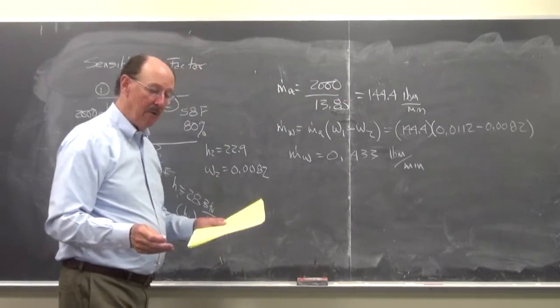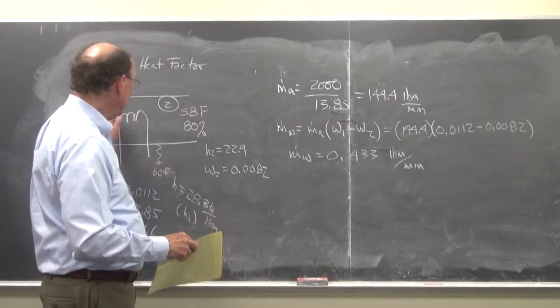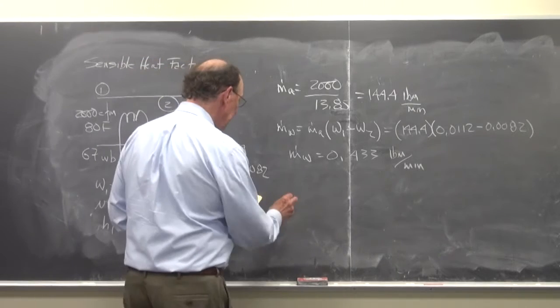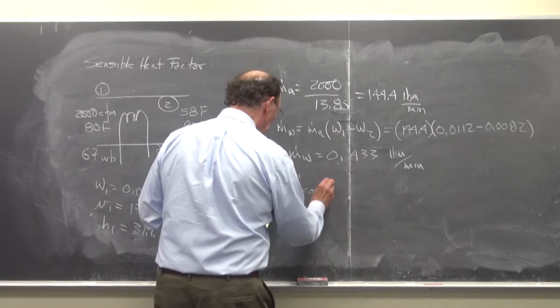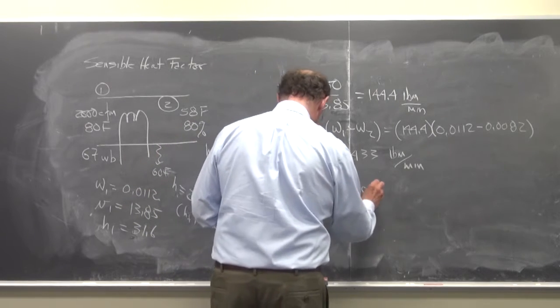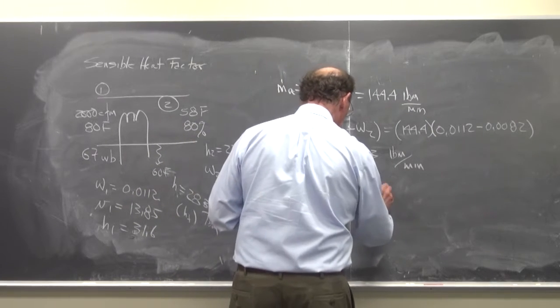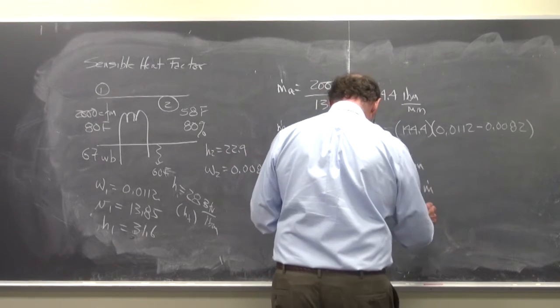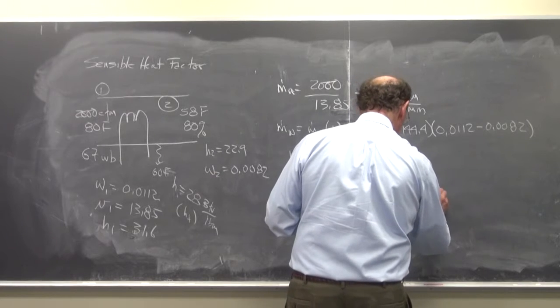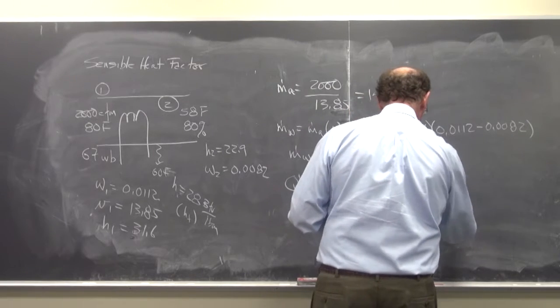And I can find now, if I do a first law on this, what the cooling requirements are. So W dot cool is equal to m dot A times H1 minus H2, minus m dot of the water times H sub f.